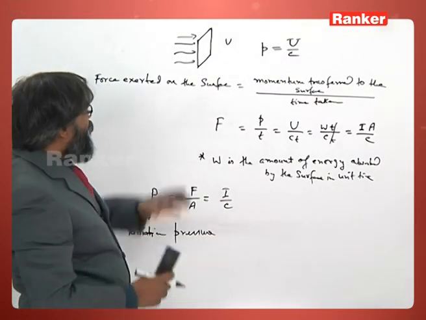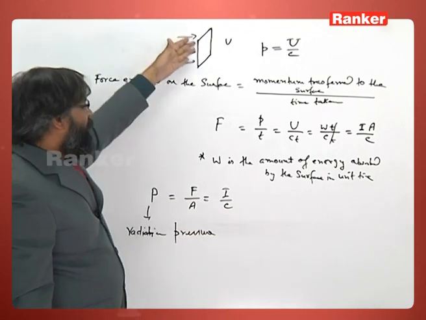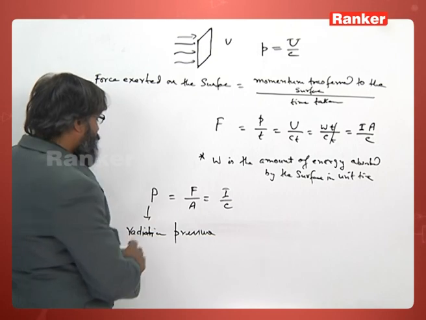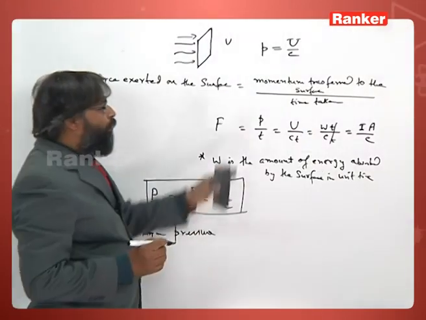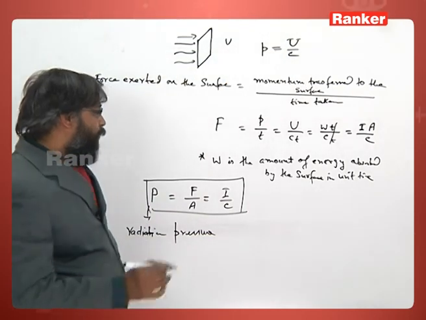So if this radiation is fully absorbed by this surface, falling normally on it, then the radiation pressure exerted will be I by C, and the momentum transferred will be U by C, where U is the total amount of energy falling.